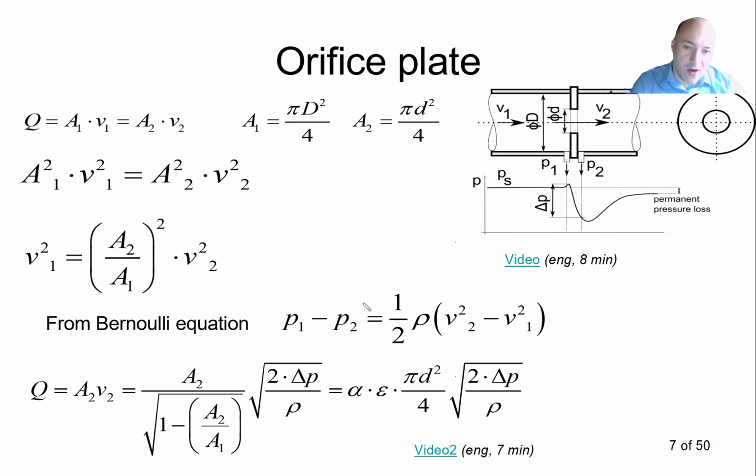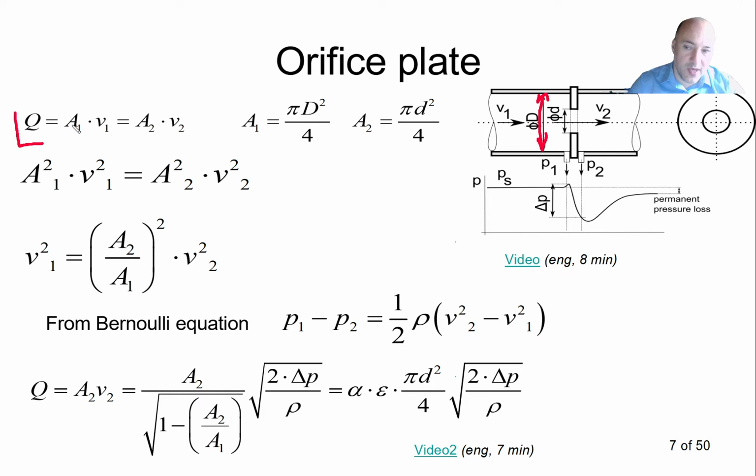Now let's take a look at how we can actually calculate the flow rate. So here on the top we have again our picture. We have the velocities v1 and v2, and we have the diameters, and we measure the pressures P1 and P2. So what do we know about this arrangement? We know that our flow rate Q has to be given by the cross-section of the larger pipe times V1, because this is basically the flow rate.